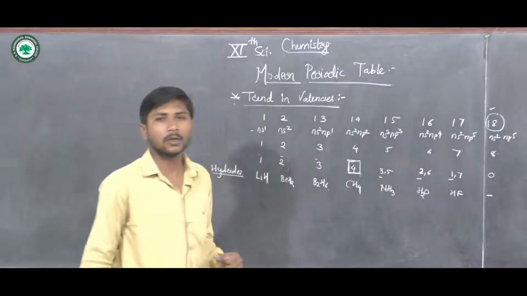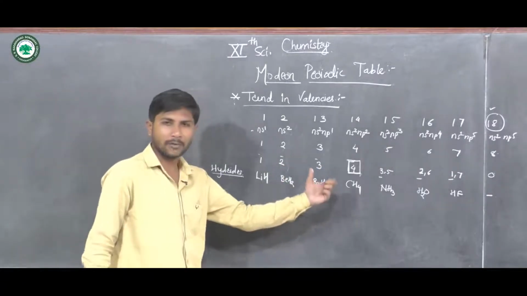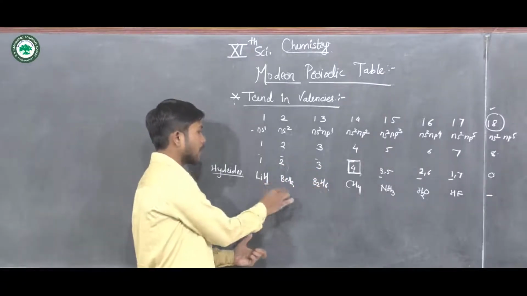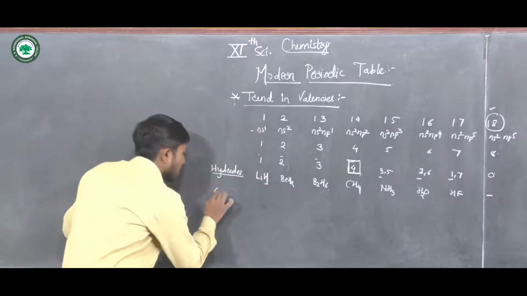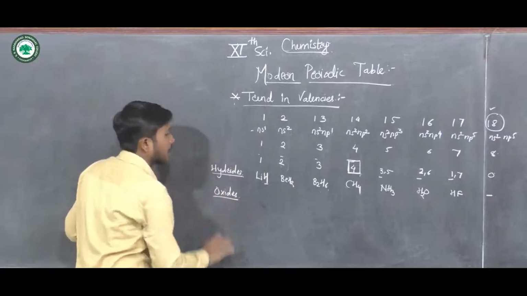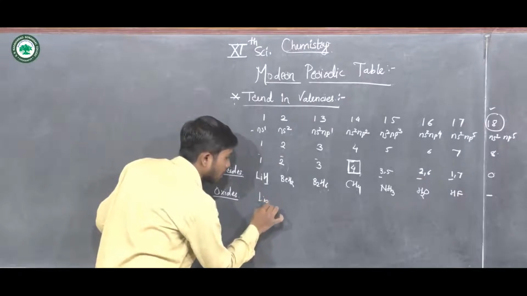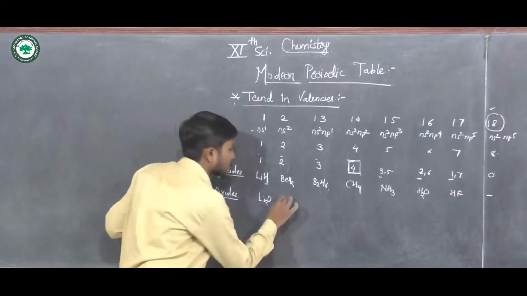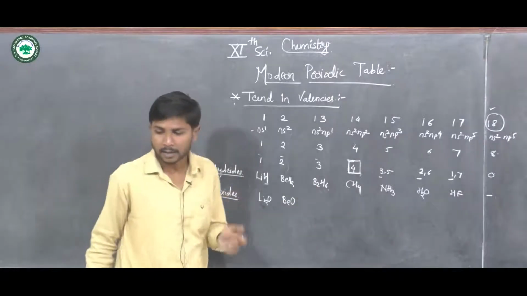Noble gas elements don't show any kind of reaction. Here we can see, to fulfill the valencies we are using hydrogen, and that's why they are hydrides. Let's see when it reacts with oxygen to form oxides: lithium oxide, beryllium oxide, and so on.